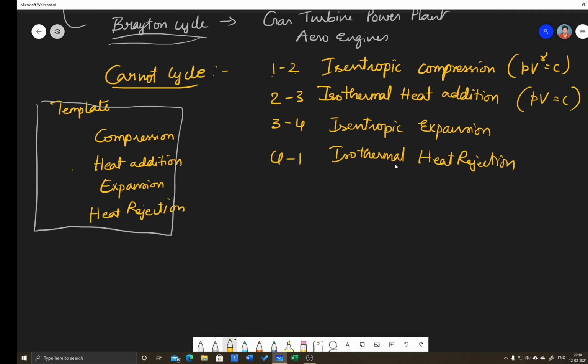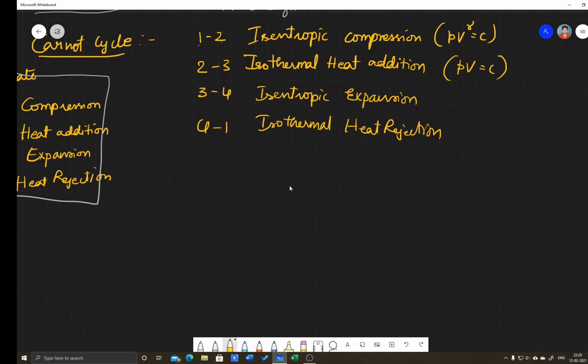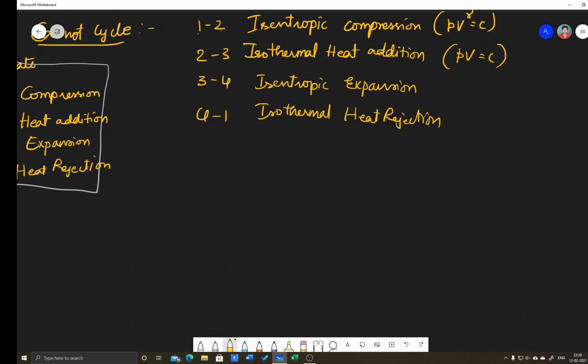Okay. So if you represent these on a TS diagram and PV diagram, for every cycle you have to remember the TS diagram as well as the PV diagram. These two are very important for our study of air standard cycles.